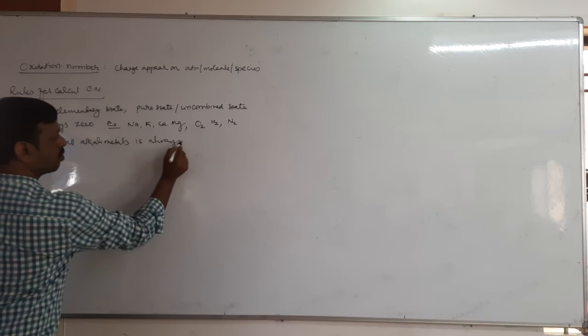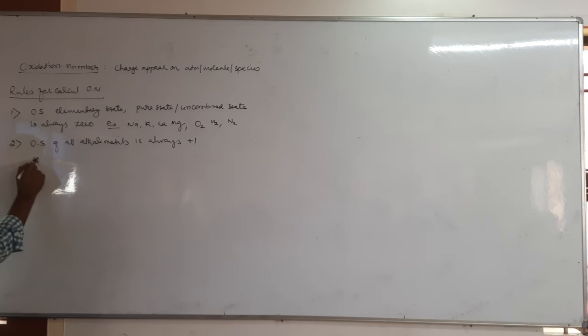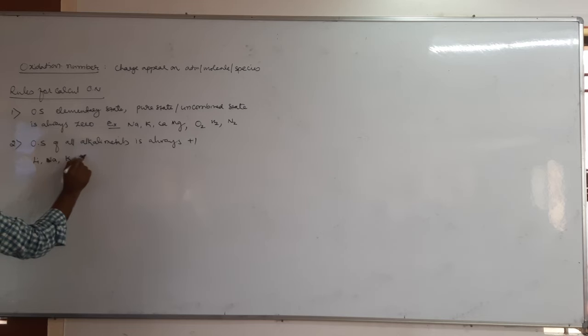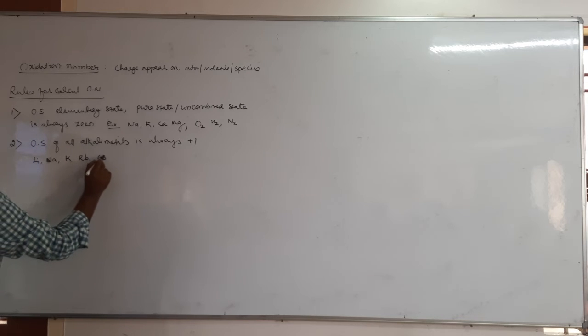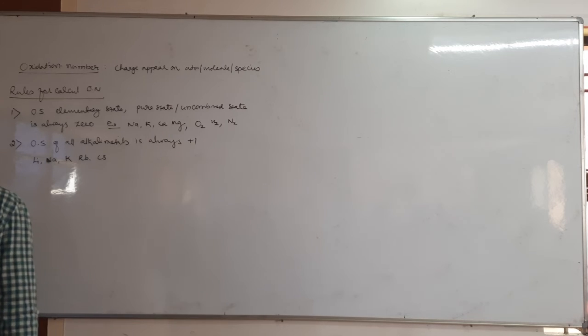Can you tell me what the alkali metals are? Lithium, sodium, potassium, rubidium, cesium, and francium also, but francium is a radioactive element we don't study. Wherever these elements come, you take +1.